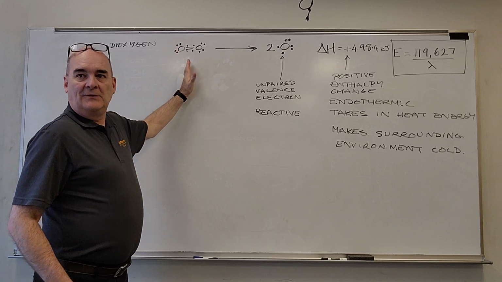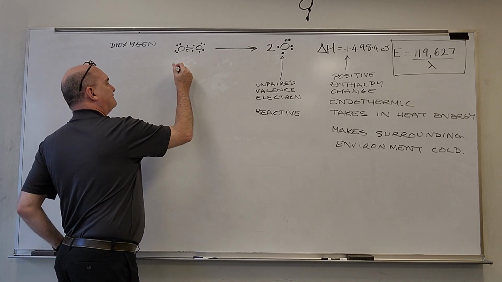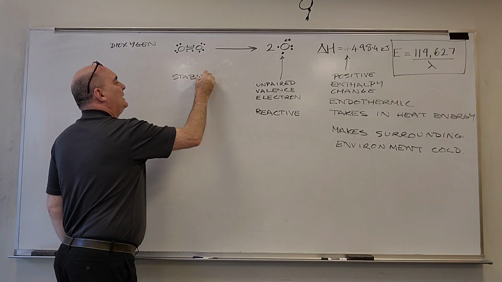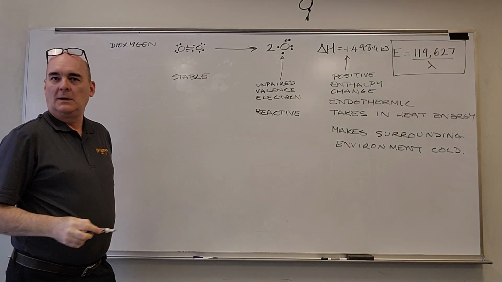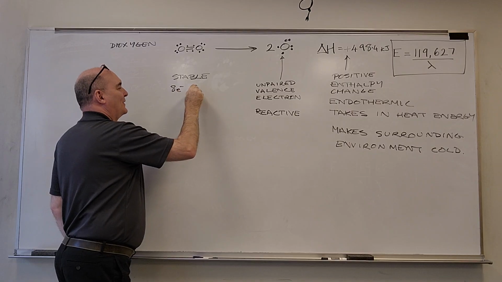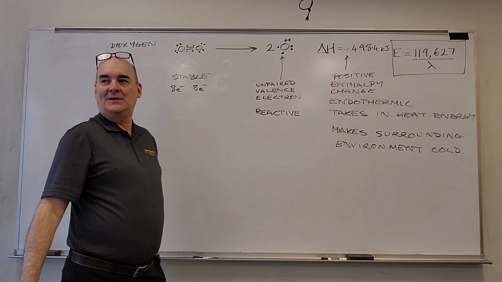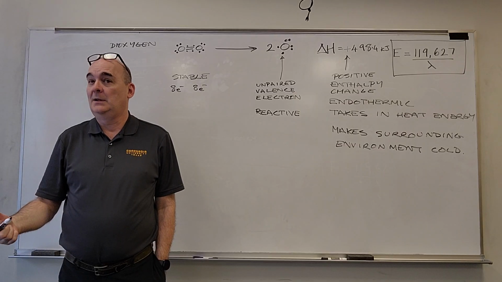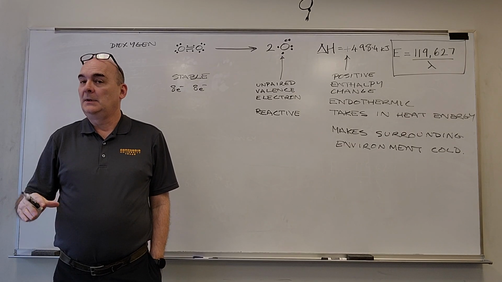So we've turned something very, very stable. We know it's stable because the atom on the left has 8 valence electrons and the atom on the right has 8 valence electrons. It has this closed shell, full octet. It's done.